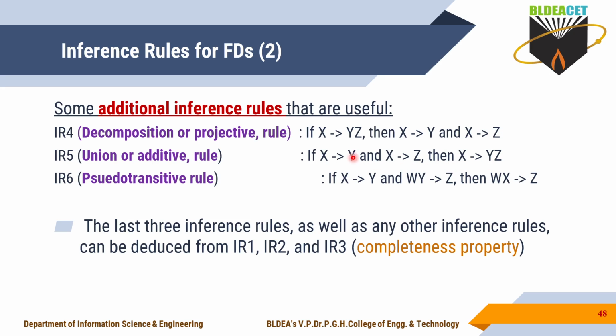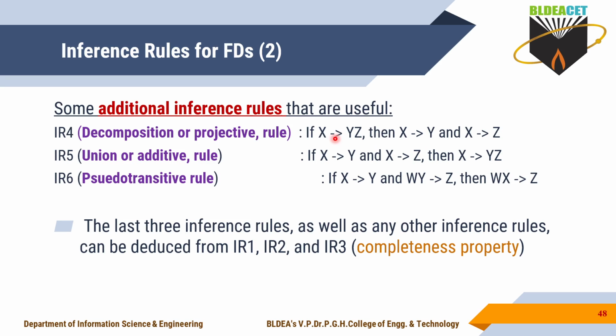You are adding this as a, okay, what is it? So instead of taking two functional dependencies, here we are considering only one functional dependency, and here we are combining the Y and Z sets of attributes. So this one we call the union or additive rule.